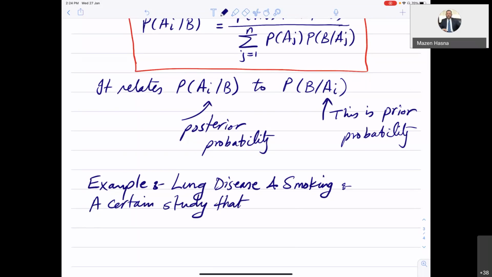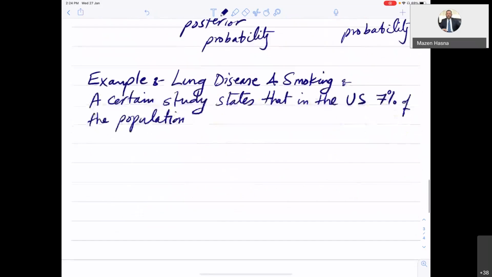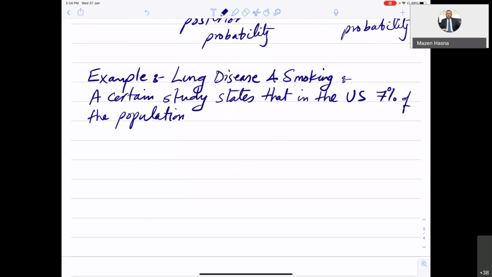A certain study states that in the US, 7% of the population suffers from lung disease.